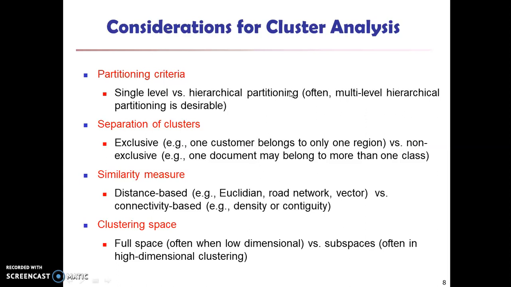And similarity measures, distance based and connectivity based: how the similarity can be measured. One is distance based, another one is connectivity based. In the case of distance based, you have Euclidean distance, road network, vector. When you go for connectivity based, then you can consider density or contiguity.